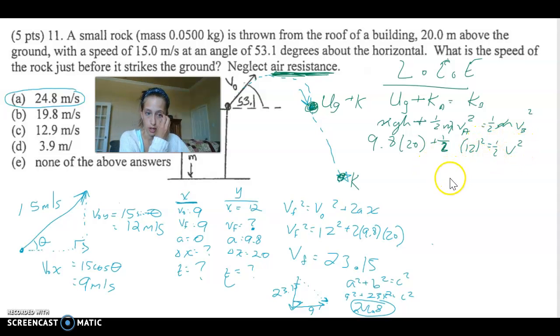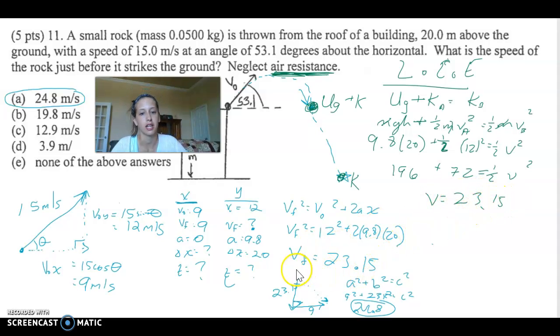If you do this algebra, you also get, you know what, we'll just do it. 9.8 times 20 is 196. 144 times a half is 72. You add them, divide by a half, square root it. Well, you know, 23.15.